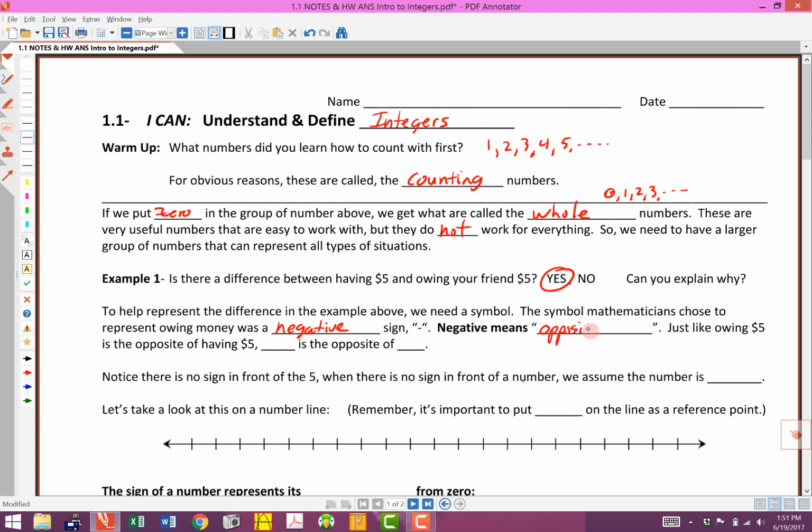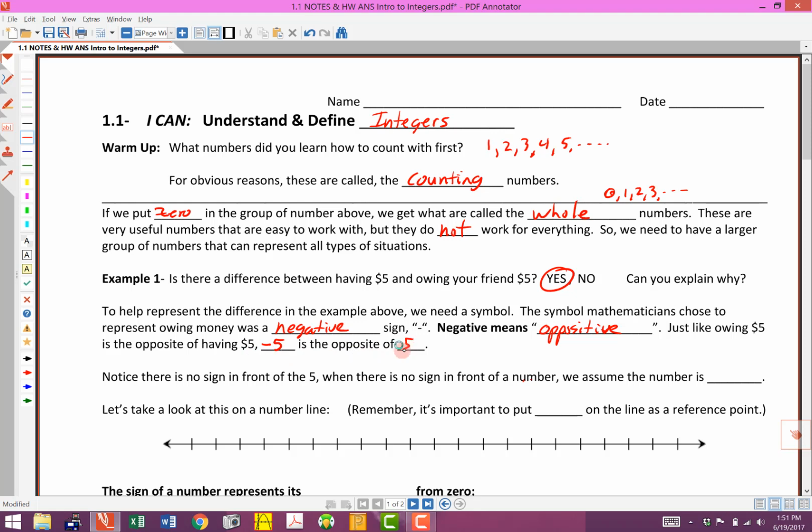So just like owing $5 is the opposite of having $5, if we did a negative for owing and just left that alone there, that would be the number 5 that we're used to. And this is the opposite of 5. So just like owing $5 is the opposite of having $5, negative 5 is the exact opposite of 5.